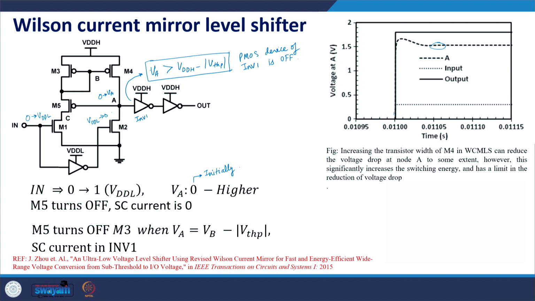Otherwise, if VA is smaller than VDDH minus VTHP, when the input of INV1 is logic 1, you would see a static current because the P MOSFET is on for INV1. So we would be making the static current in this wing 0, but we would then have a static current in the inverter.